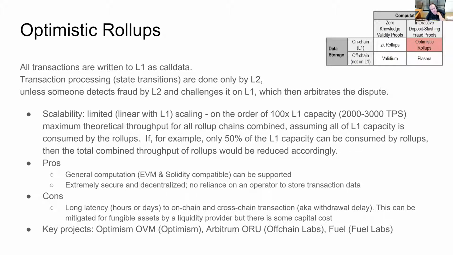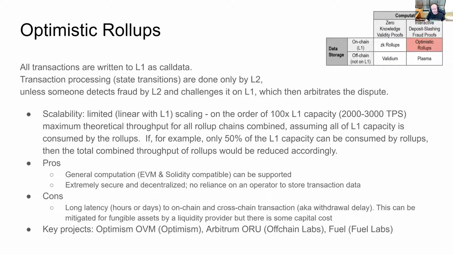So optimistic rollup scalability is more limited. It's linear with layer 1 scaling because, again, you're relying on layer 1 to store all the transaction data and the state. So you can get on the order of 100 times layer 1 capacity, meaning 2,000 or 3,000 transactions per second, as the maximum theoretical throughput for all rollup chains combined, assuming all of layer 1 capacity is consumed by the rollup.